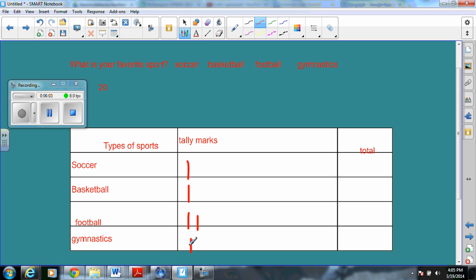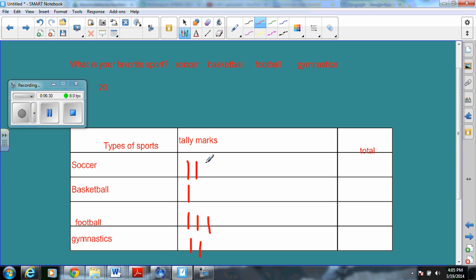I know that I still have 15 people to ask because I'm trying to ask 20 people total. So I'm asking more people and I'm just pretending, and I ask another person and they say, oh, well, I like football. And I ask someone else and they say, oh, well, I like soccer. I like gymnastics. So are you keeping track of how many I have so far?